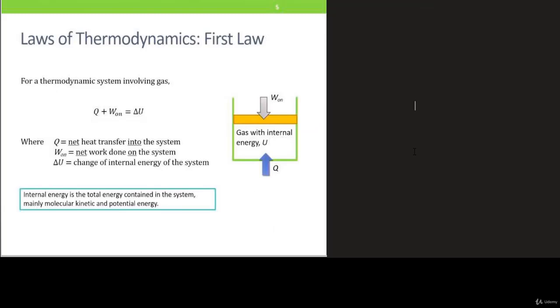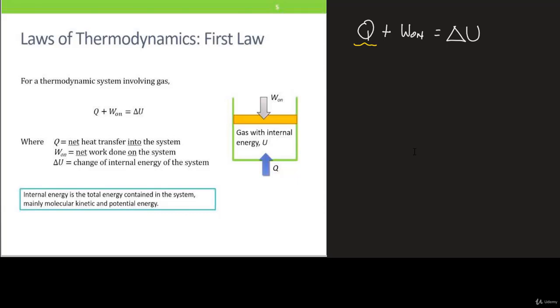And there's an equation that governs this law: Q plus work done on gas is equal to change in internal energy. So what is Q?